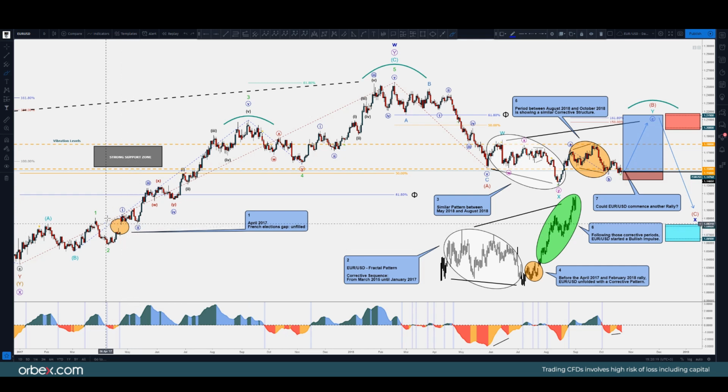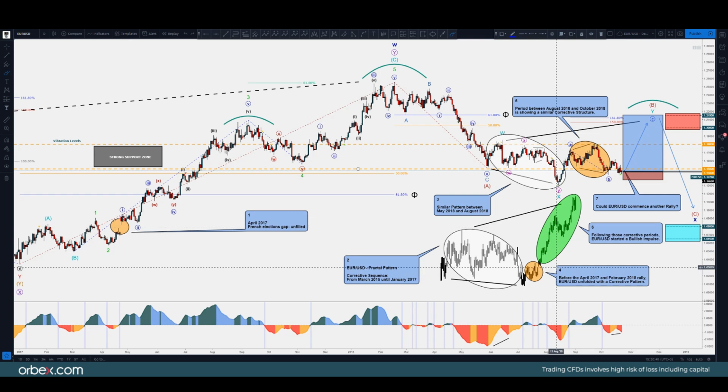Healthy markets do need to fill their gaps. Now, the second point is the fractal pattern, which I just explained, right? This is the weekly time frame, just pasted here, to notice the resemblance on this and on this. Next, we have this pattern right here and a similar pattern happening right there, right? Something which I just explained.